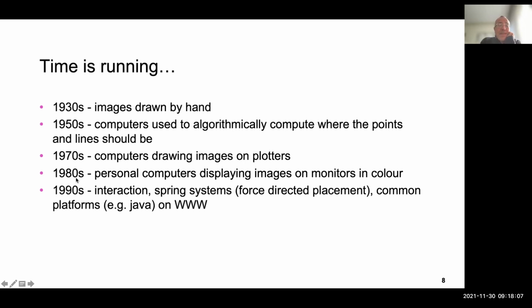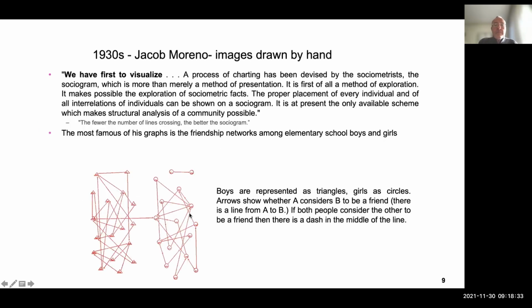This was not so long ago, 50 years ago, more or less. Then at the end of the previous century we had the web, and now you are acquainted with, as we saw before, force-directed placement and simulated annealing under Java or on the web.